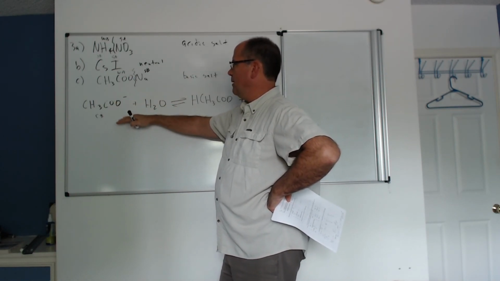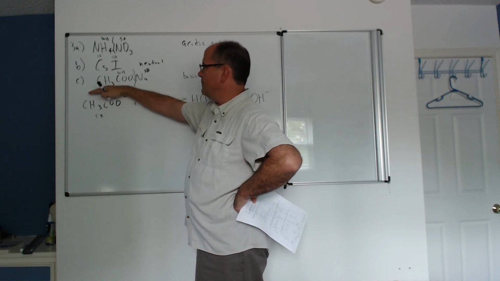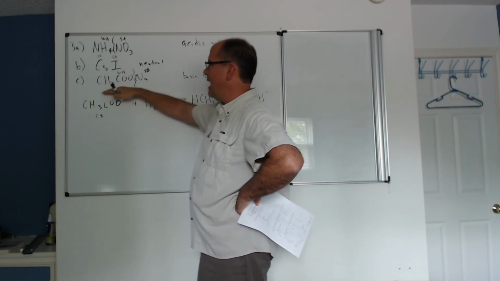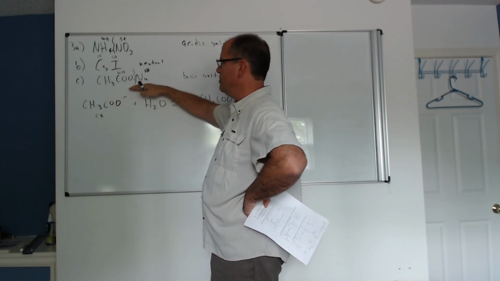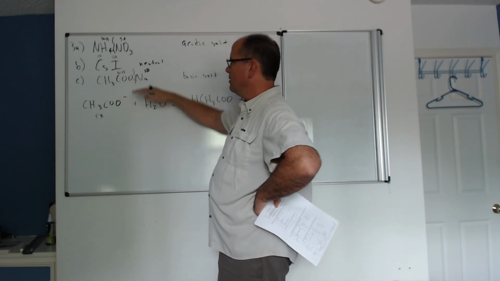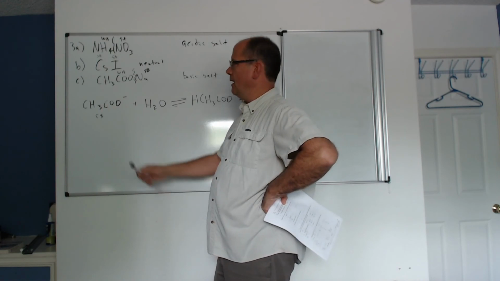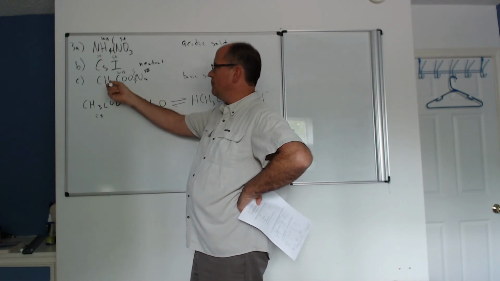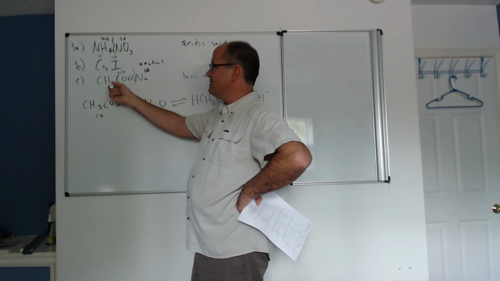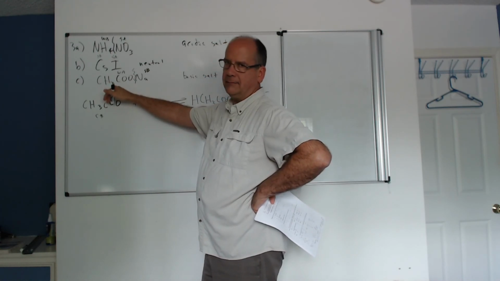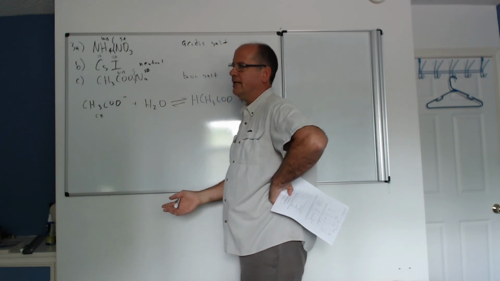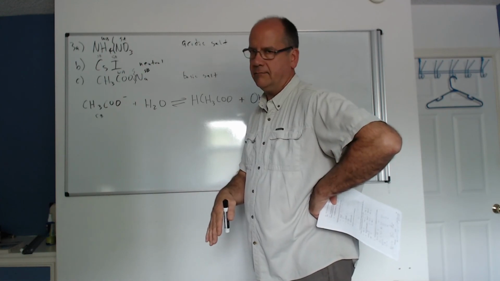What I'm trying to help you see is that when you see something like this and you're asked if it is acidic, basic, or neutral, you're deciding where these things came from. You need to be able to recognize that this is the acetate ion, and acetate came from acetic acid.